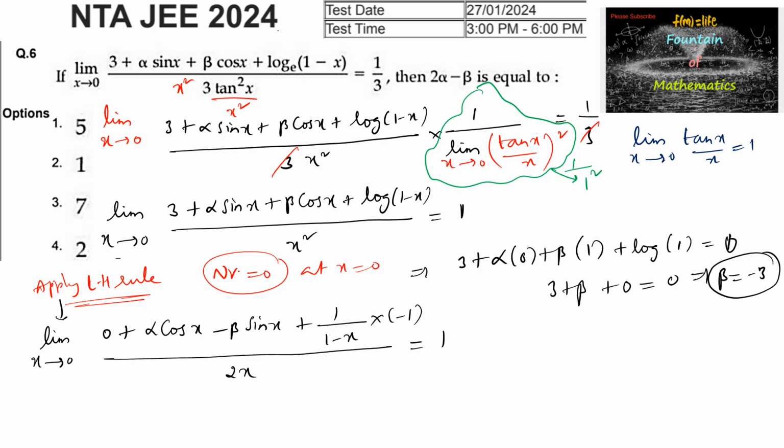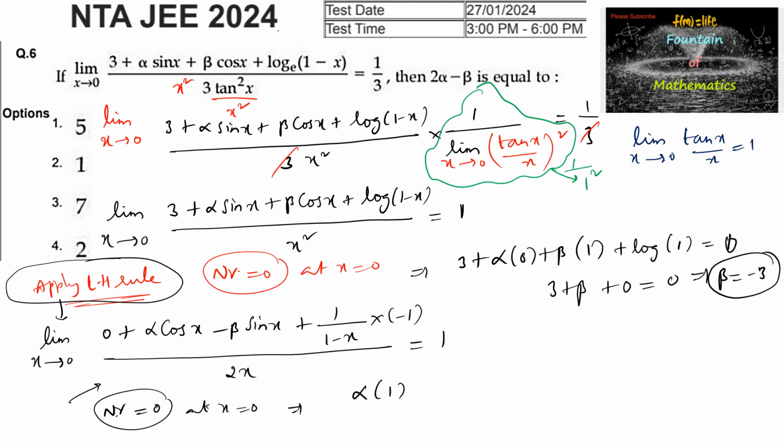So for the limit to be defined, definitely the numerator must also be equal to 0 at x is equal to 0. So that is alpha into cos 0 is 1, minus beta into sin 0 is 0, minus 1 upon 1 minus 0, which is equal to 0. That is alpha minus 1 is equal to 0, which implies alpha is equal to 1.